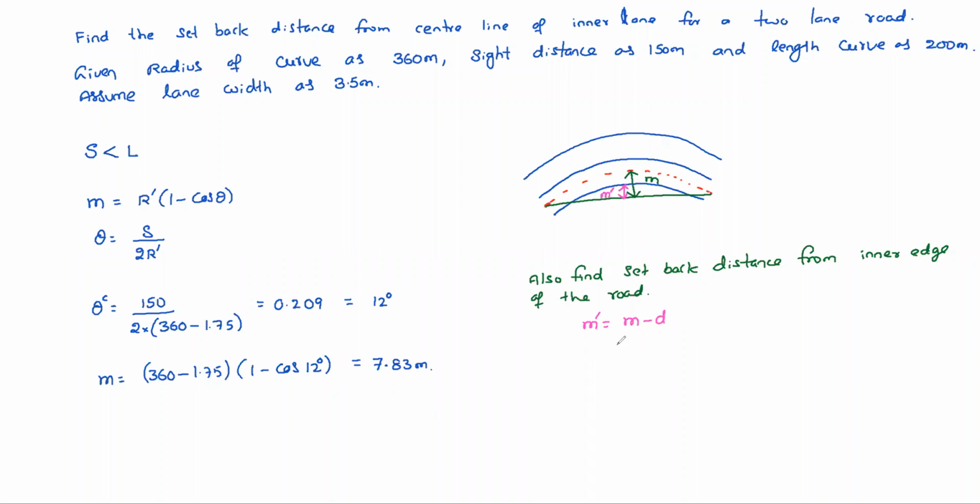Here, M, already we got 7.83, minus D means 1.75. 7.83 minus 1.75 is 6.08 meters. So we should be very careful about where he is asking from. Setback distance from where? Center line of the inner lane means different. From inner edge means different. Okay, inside edge of the road.